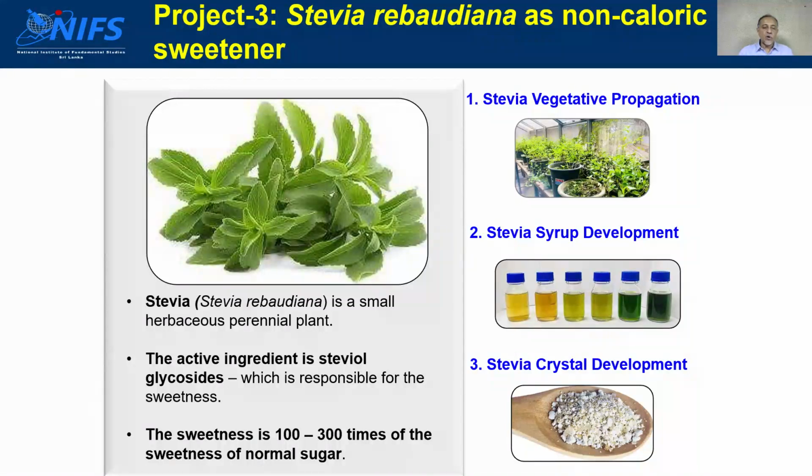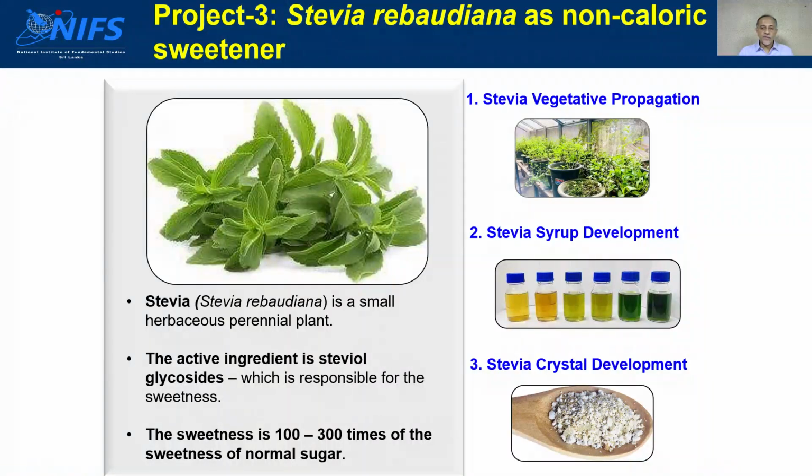It is a small herbaceous perennial plant which can be grown under the climatic conditions in Sri Lanka. The active ingredient in these leaves is steviol glycoside, which is responsible for their sweetness. Actually, the sweetness of these leaves is about 100 to 300 times higher than that of normal sugar.